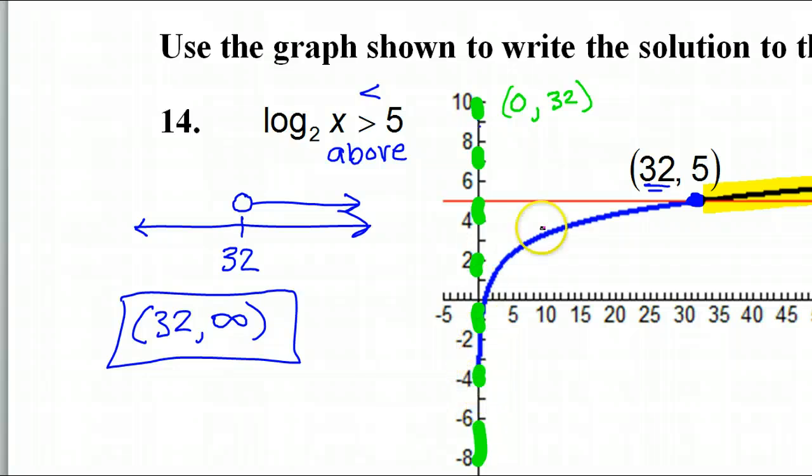It's the asymptote. And when you did your number line, and again, this is hypothetical, if it had been less than, your number line would have been like this, instead of over here. But that's not what happened, so forget about it.